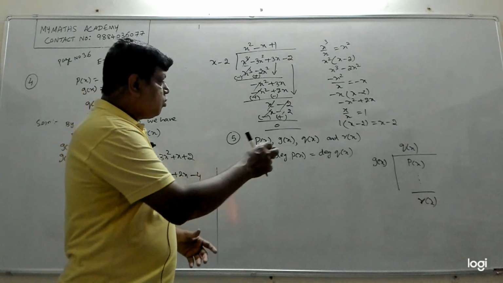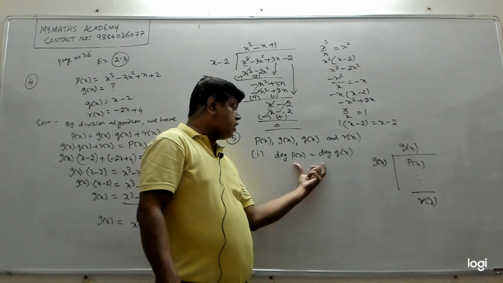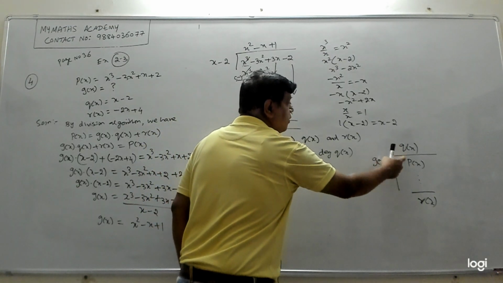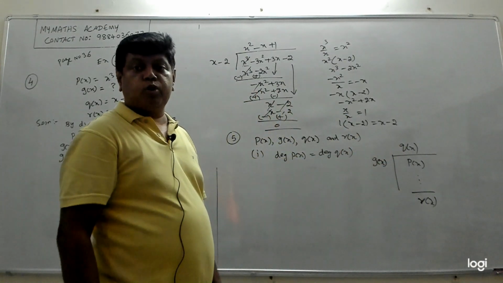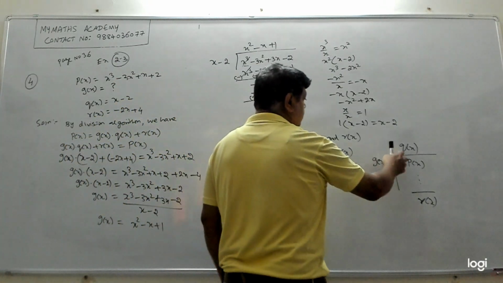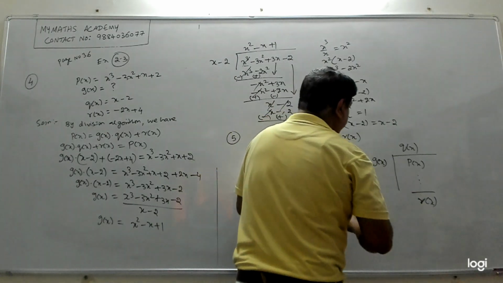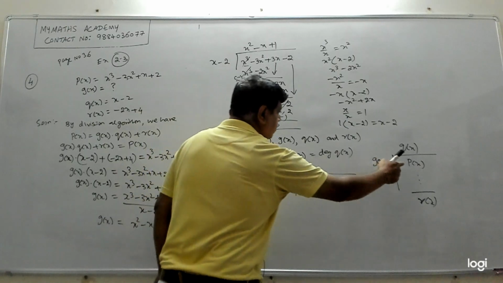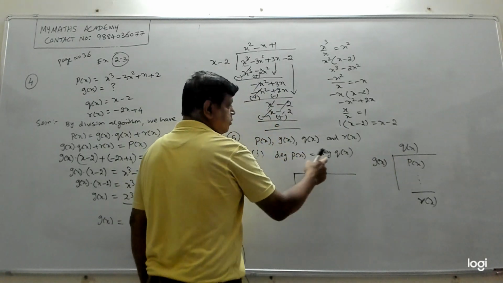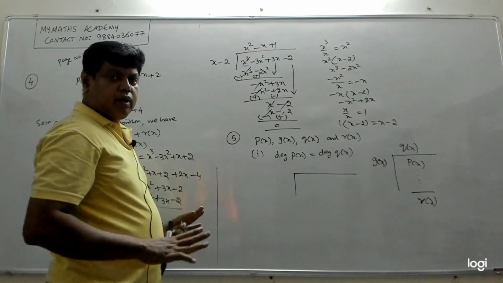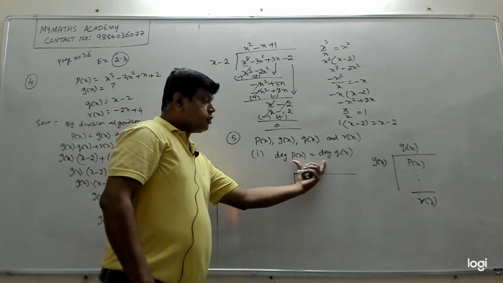Now how do we find these 4 polynomials, and then they must satisfy this condition also, which means degree of p of x and degree of q of x both should have the same degree. That is the condition it should satisfy. The division algorithm is a must, and in addition it should satisfy this condition also.